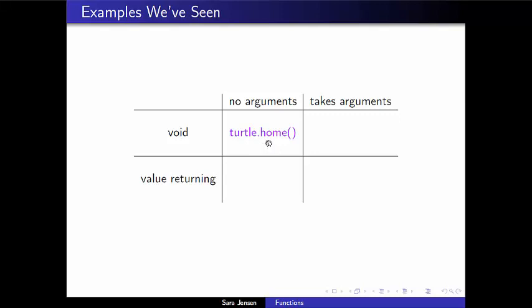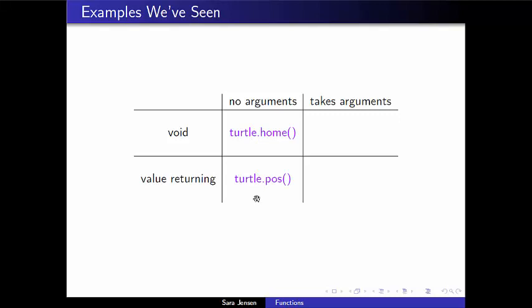That method we can think of as a function. It didn't return anything to us. It just did something. It returned the turtle home. And it didn't require any arguments. The home method didn't need any information or anything from us in order to return the turtle home. So this example of a function is a void function that doesn't need any arguments or parameters.